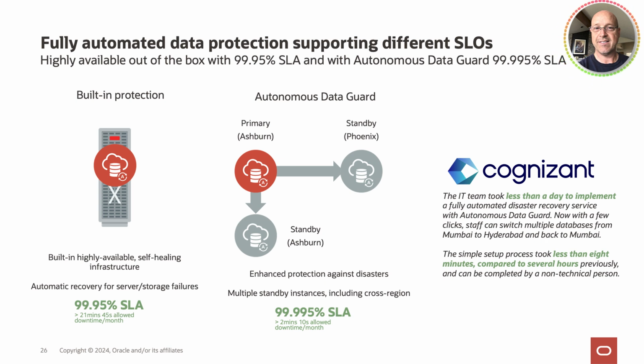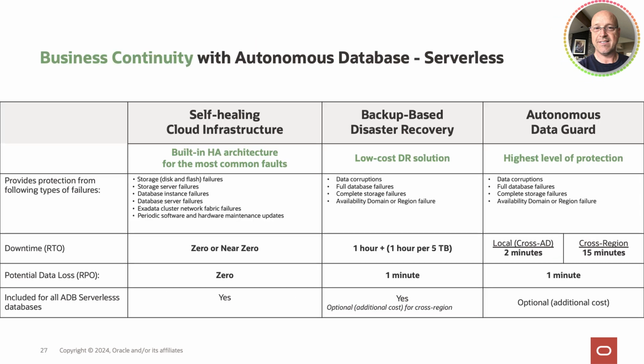So we're talking about less than 2 minutes and 10 seconds of downtime a month. And that's a worst case scenario, right? The real experience is you don't get any downtime, right? But the worst case scenario is that 99.995 level protection. So out of the box, minutes.